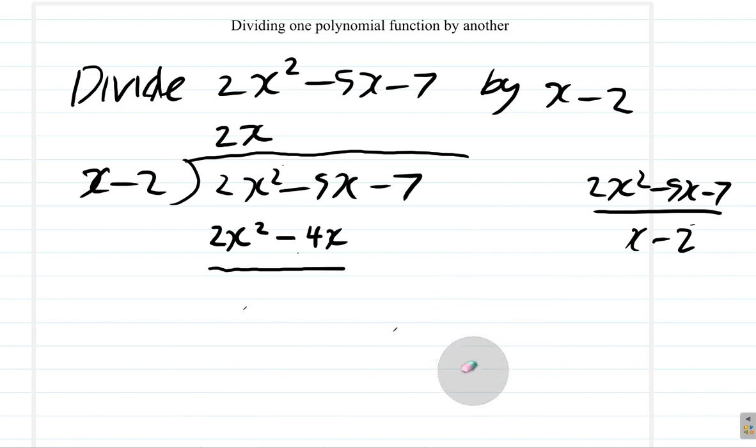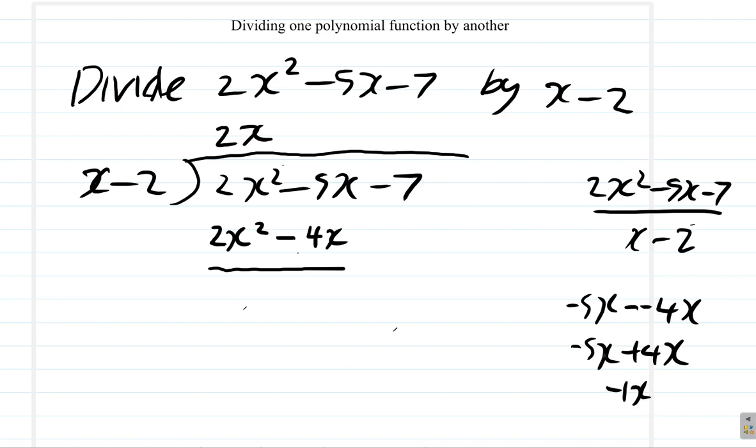2x squared minus 2x squared, that's 0. You could write 0x squared here, but it's not really necessary. Negative 5x minus negative 4x means the same as negative 5x plus 4x, which is negative 1x, which is negative x. So it's minus x.